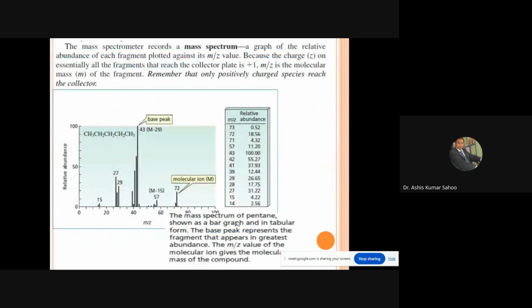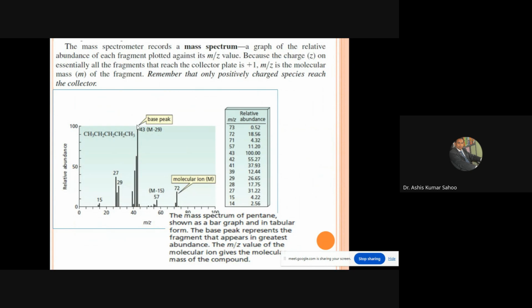So a mass spectrometer records a mass spectrum. You can see this is a mass spectrum given as a sample. The mass spectrum is a graph of relative abundance, the y-axis, versus mass by charge ratio on the x-axis.